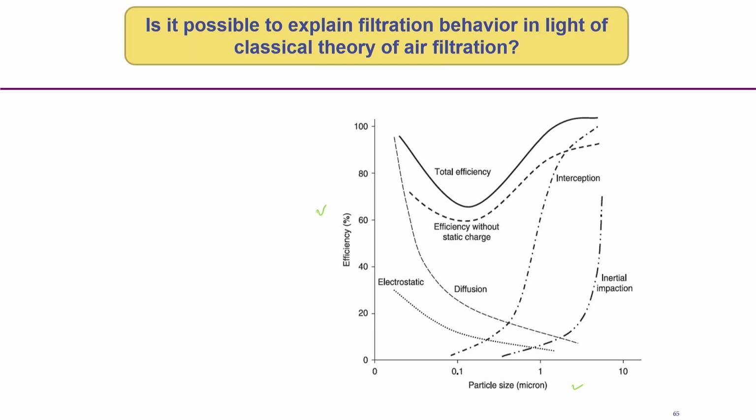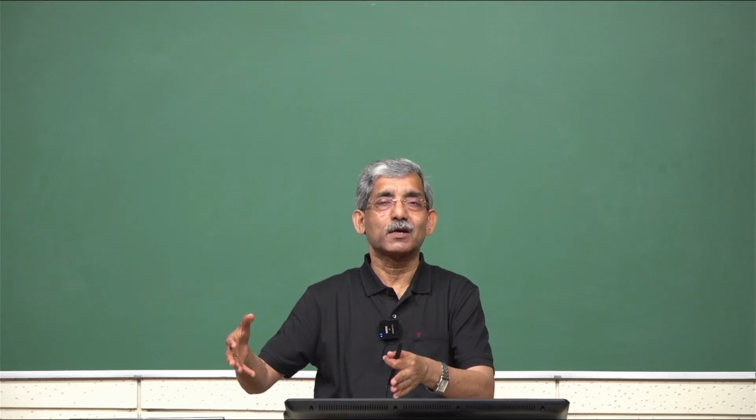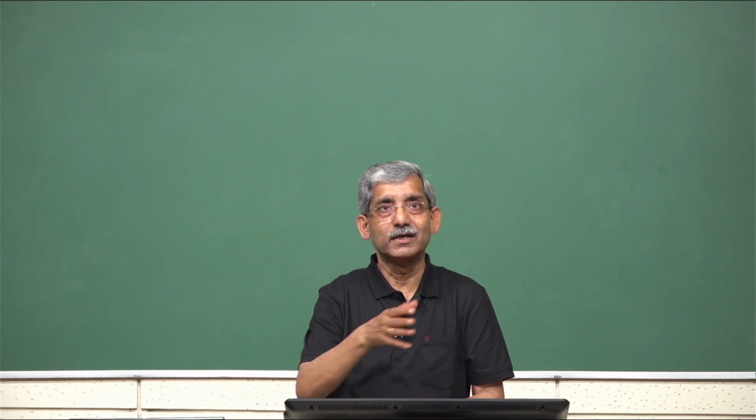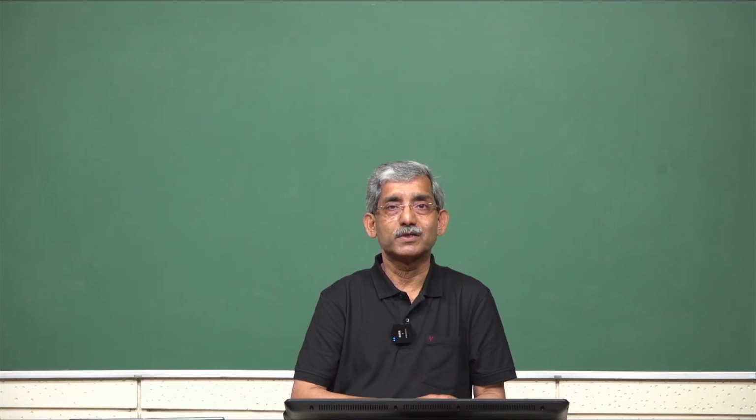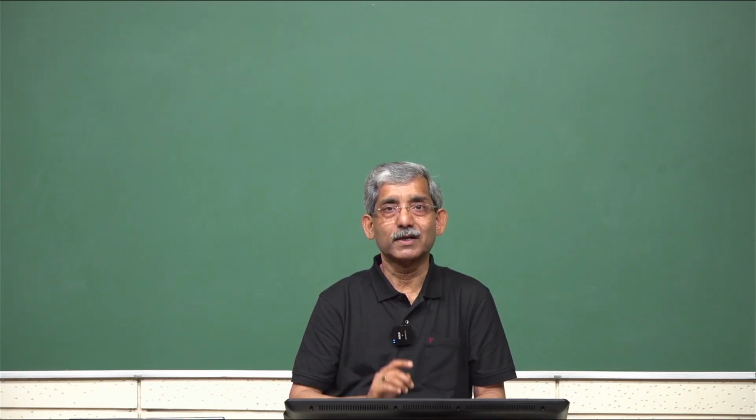Here if you see, as we have discussed, we cannot have only one mechanism followed at a time. So, more than one mechanism is followed during the process of particle filtration.